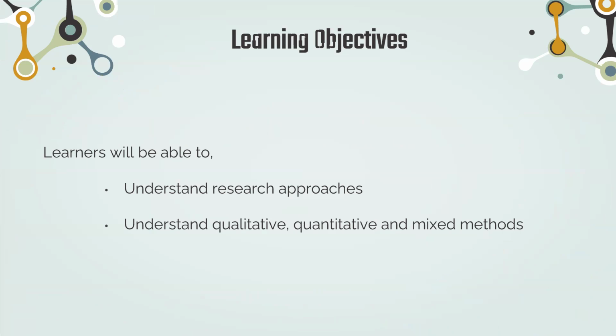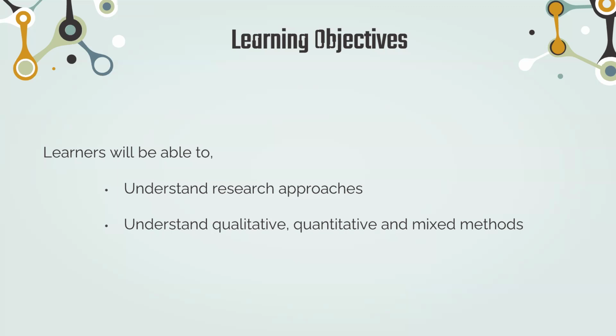As the learning objectives, you would be able to understand research approaches. This means you should understand how researchers think and move from data to theory or from theory to data. Mainly, we discuss inductive, deductive, and mixed approaches.